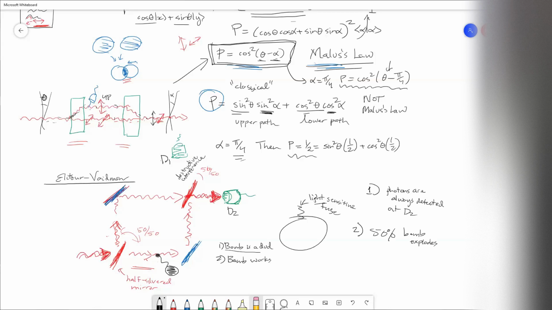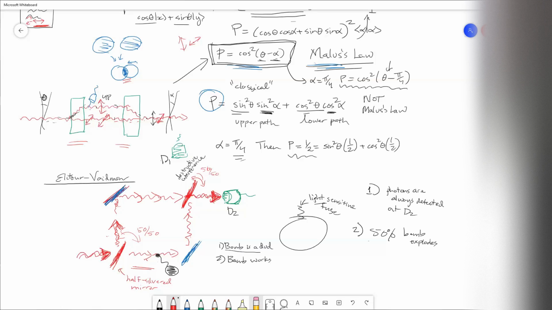Now, the other 50% of the time, the photon will go up here into this upper path, and then it'll hit this half-silvered mirror, and there'll be a 50-50 chance of it being detected at either D1 or D2.